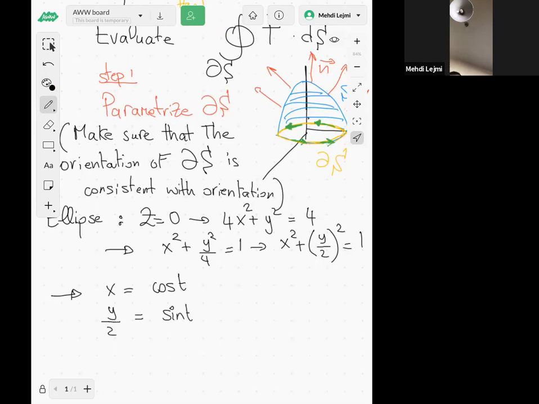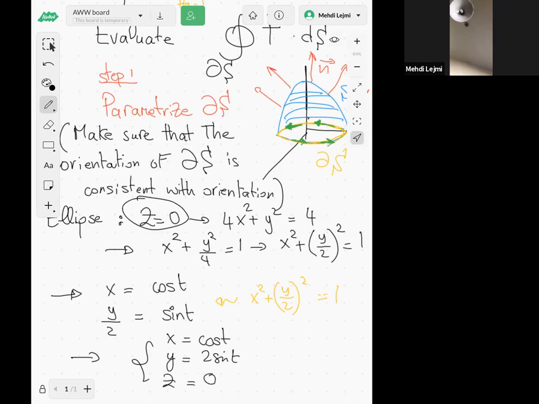Because if you do x squared plus (y over 2) squared, cosine squared plus sine squared would be 1, and that's exactly the equation of my ellipse. In other words, x is cosine of t, y is 2 sine of t. And what will be z? Well, z is just 0, because my ellipse lies on the xy plane. And t, of course, is between 0 and 2 pi.